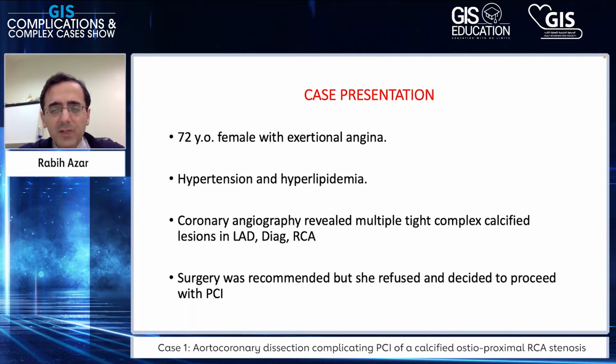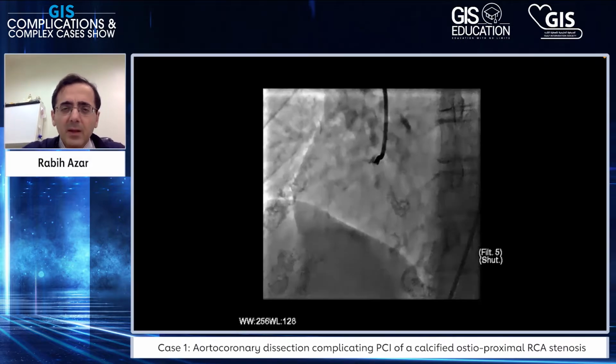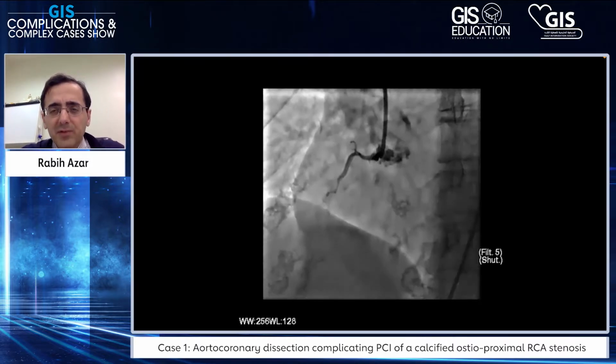The circ was a very small artery, so we recommended bypass surgery for her because the lesions were very complex and calcified. But she refused, and she decided to proceed with the PCI, despite the risk of this procedure in those calcified arteries. So this is a picture of the right coronary artery.